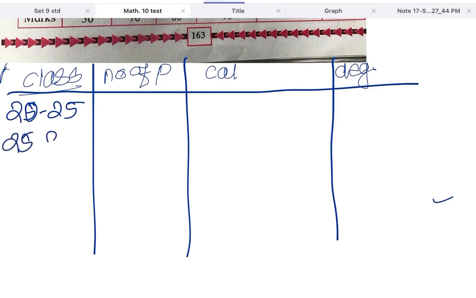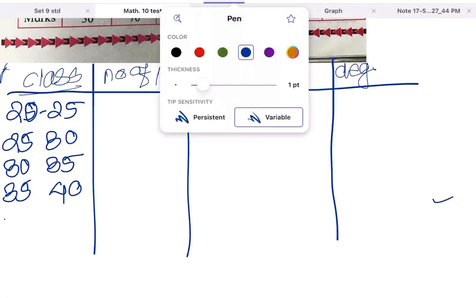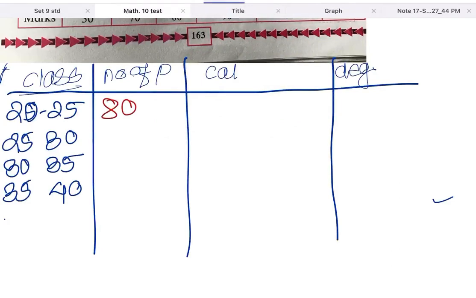Next onwards, 25 to 30, 30 to 35, 35 to 40. This is the data for you right now. Next one, number of people. So in the first observation, the people are 80. Next one, 60. Next one, 35, and 25.